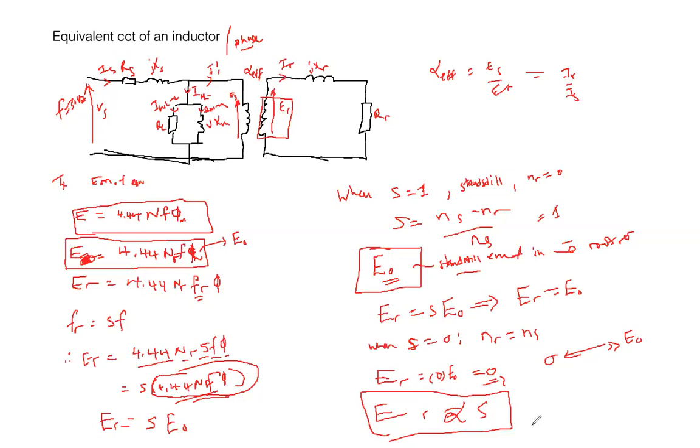Okay. We can also look at the parameters that are in the rotor coils. Now, we know that X is equal to 2 pi F L, that's inductance. So since you see that there is a change in frequency, that means the reactance in the rotor must be changing.